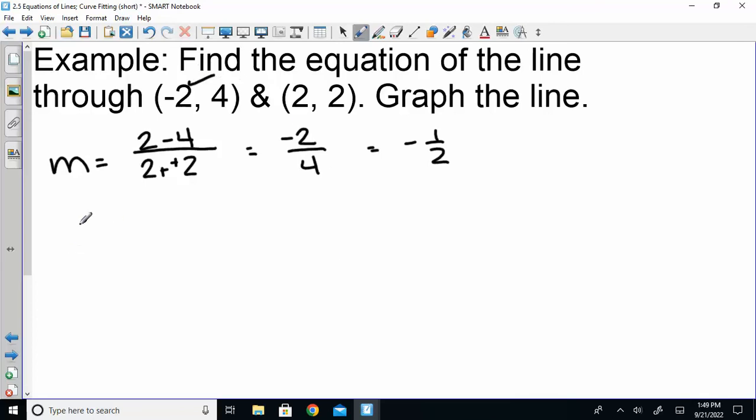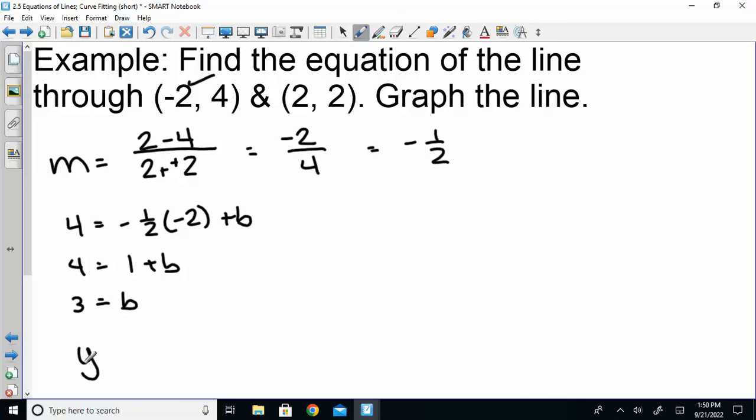So then take one of your points and plug into your equation. So the y-intercept is 3. So the equation is y equals -1/2 x plus 3.